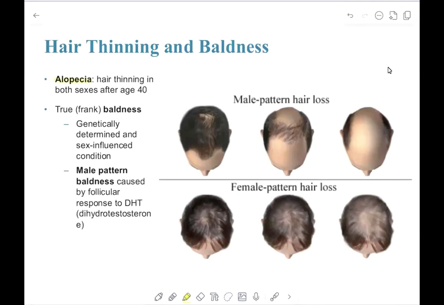So, true or frank baldness is a genetically determined and sex influenced condition, whereas male pattern baldness is actually due to a follicular response to a type of androgen, which is called dihydrotestosterone. So we can see in these images up here views of male pattern baldness and the differences between female pattern baldness, which is shown at the bottom.